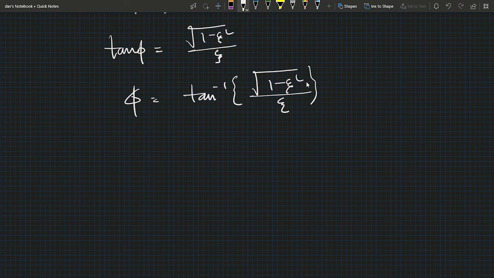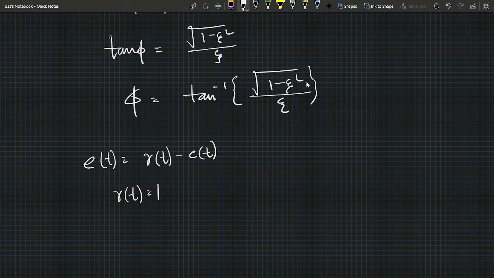And the error signal is given by, we already know that the error signal e(t) is equal to r(t) minus c(t). Here r(t) equals 1 because of the unit step function. So what is the error signal in the time domain?